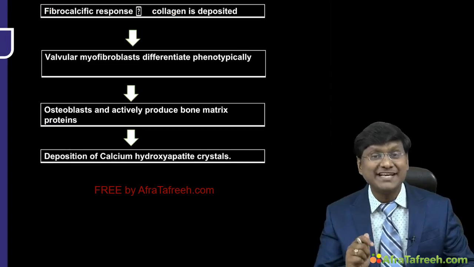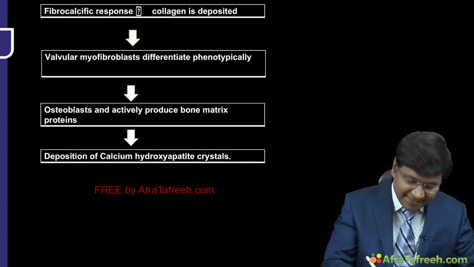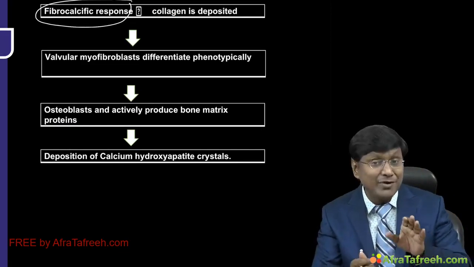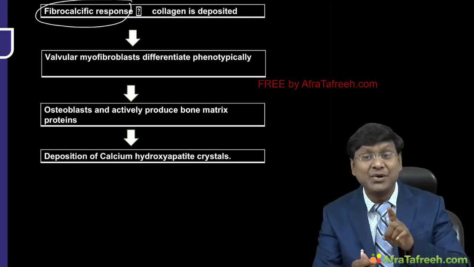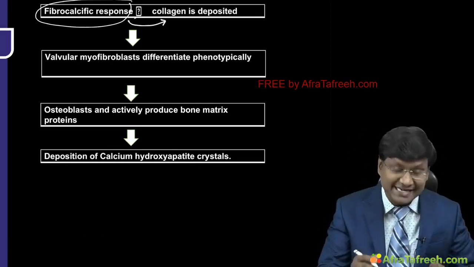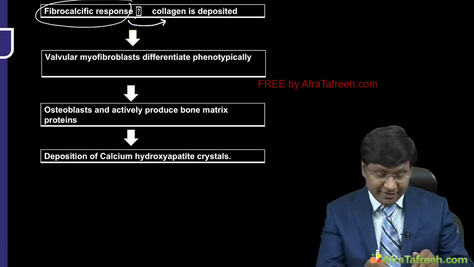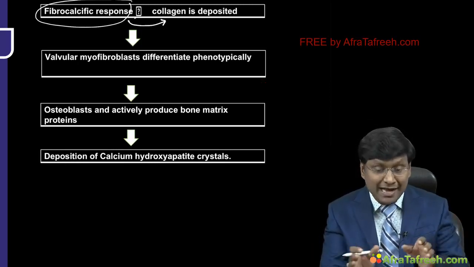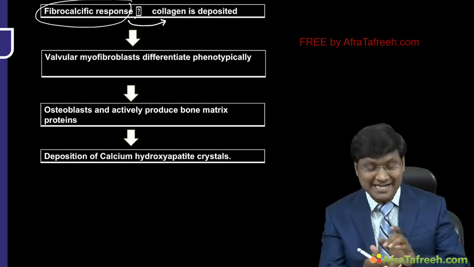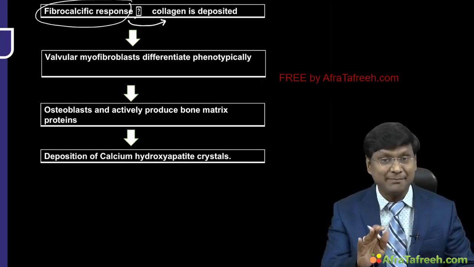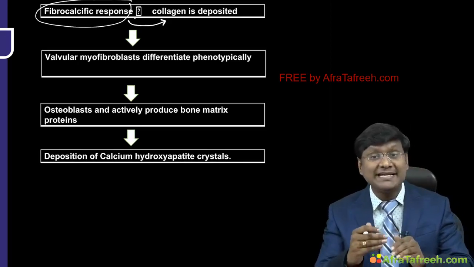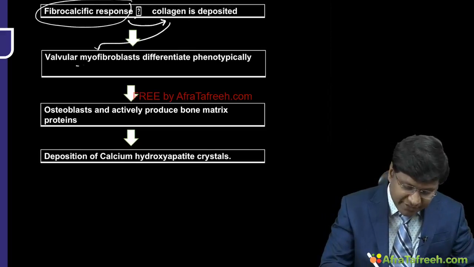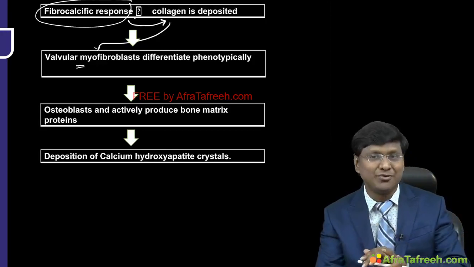So if you see the sequence of events, initially there will be a fibrocalcific response. The fibrocalcific response is established wherein the collagen is deposited. In response to this, the collagen initially gets deposited within the valvular myofibroblasts.